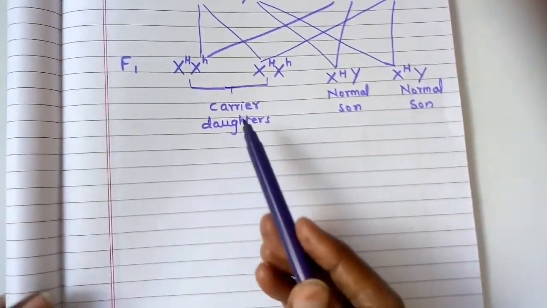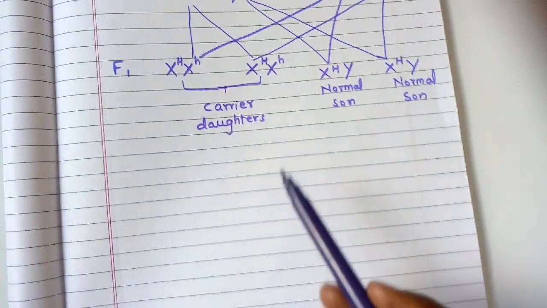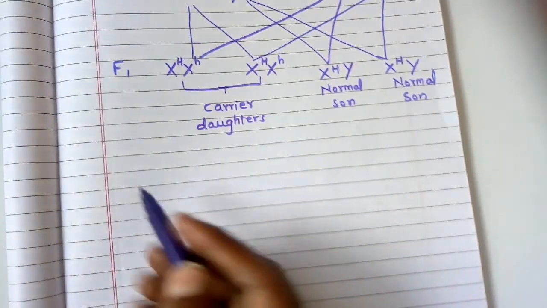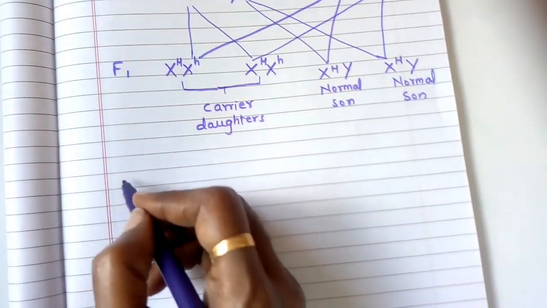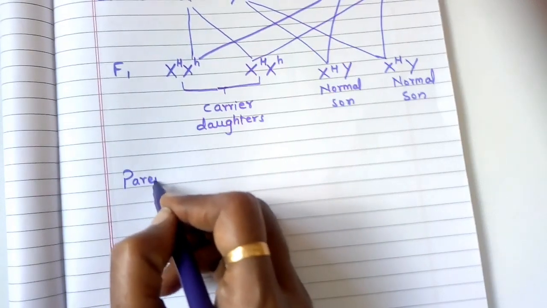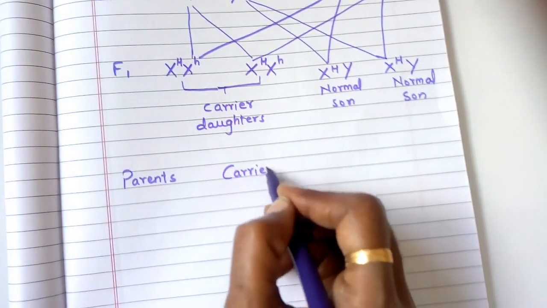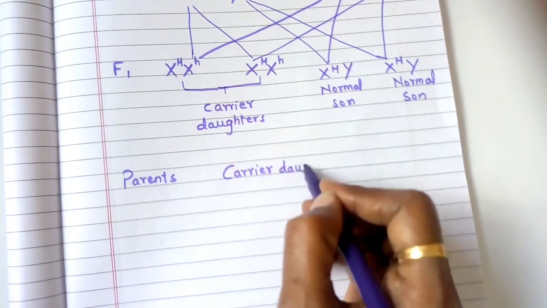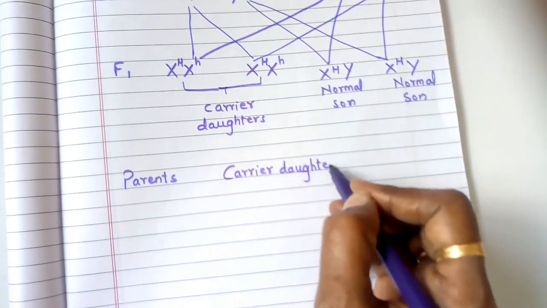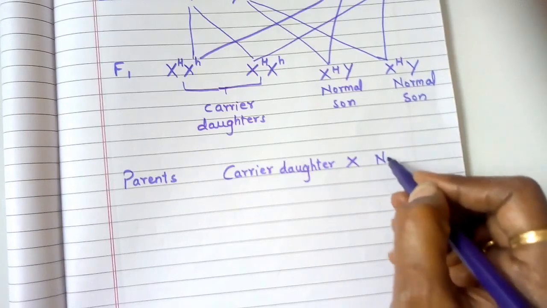Now, when this carrier daughter marries a normal male, what will happen? The parents for the next generation will be a carrier daughter and a normal male.